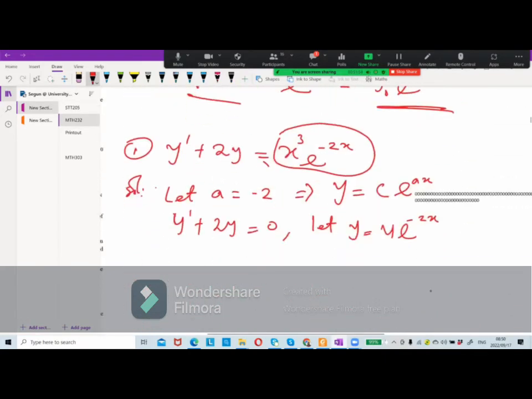So now, if you look at this, for us to solve this problem there are certain things we need to follow, because we have s raised to power 3. Remember, I only taught you the last time the one of integrating factors.